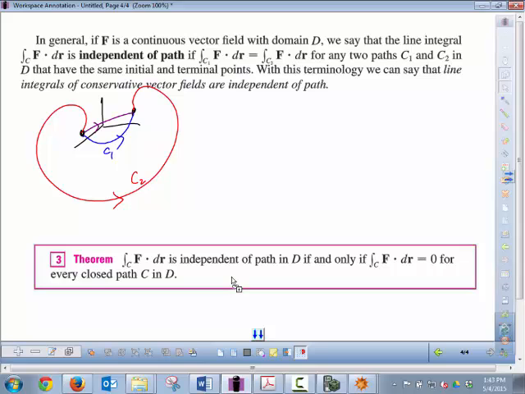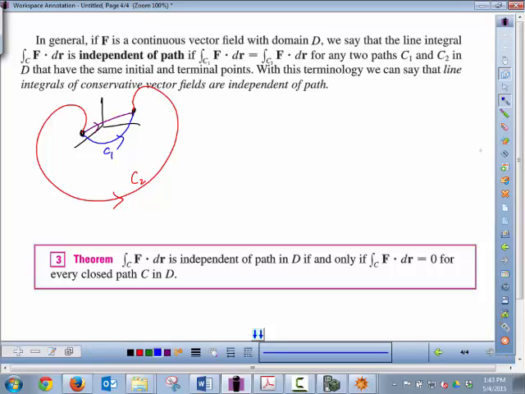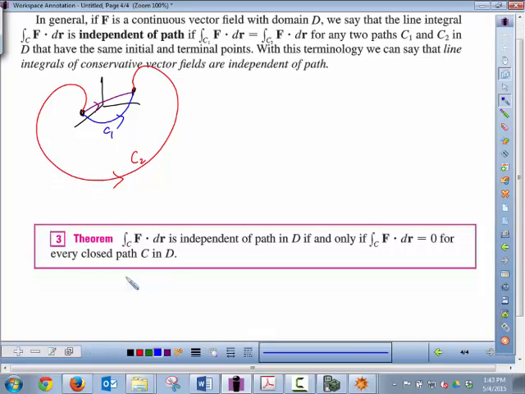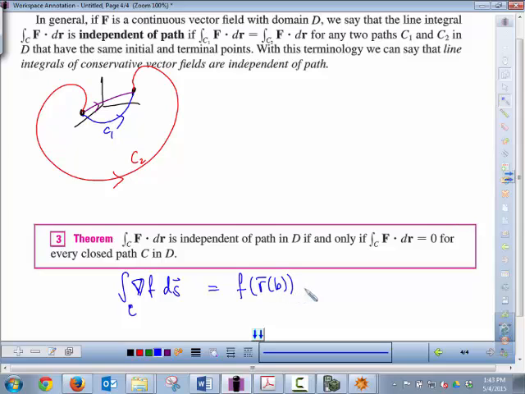If it's path independent, we have a conservative vector field, and then there's a potential function. And so if we translate this into the fundamental theorem of line integrals, this is going to be equal to the function evaluated at one endpoint minus the function evaluated at the other endpoint.